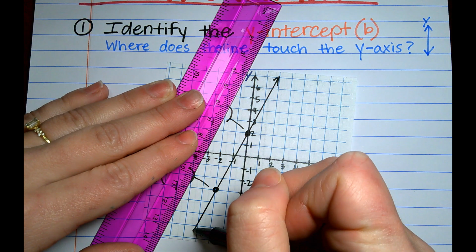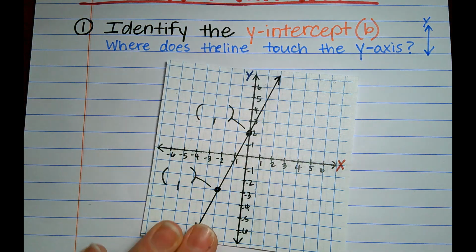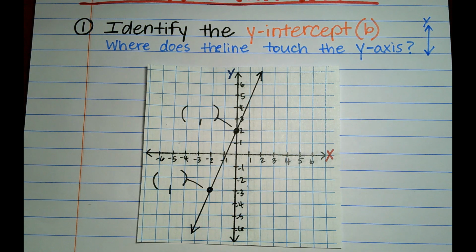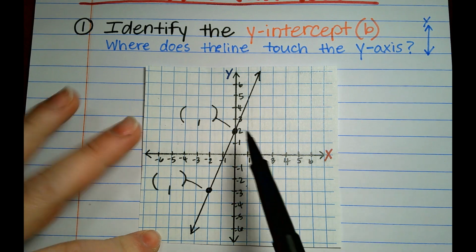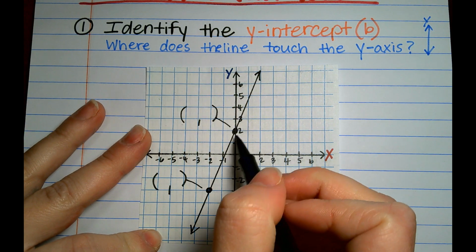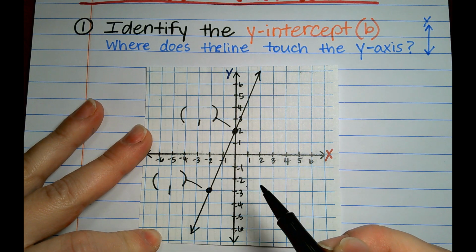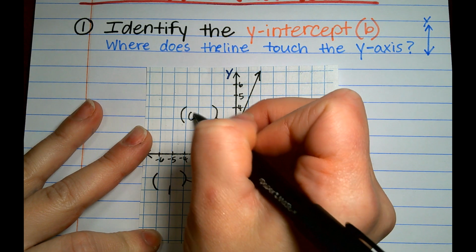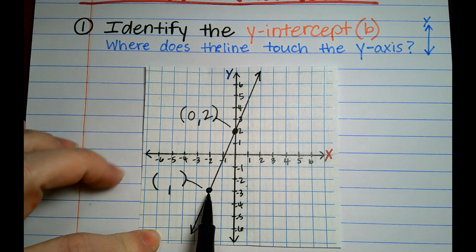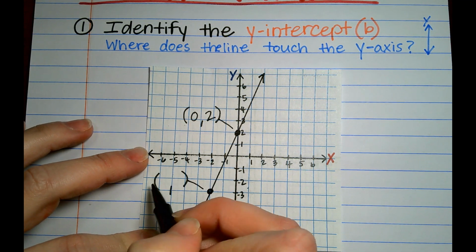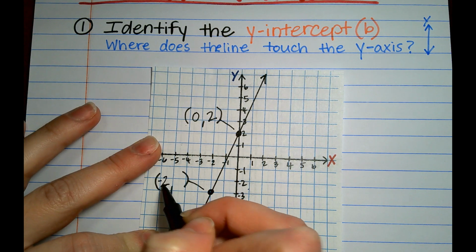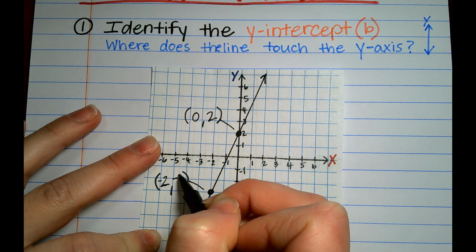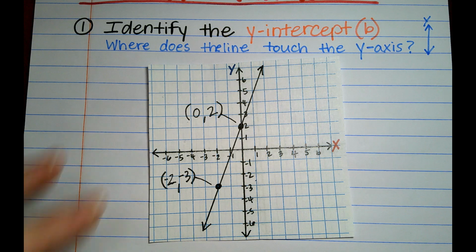Okay, so in our example, we're going to write the equation of this line. And I'll give you points too. What's this coordinate? 0, 2. 0, 2. What's this one? Negative 2. No. Negative 2. Negative 3.